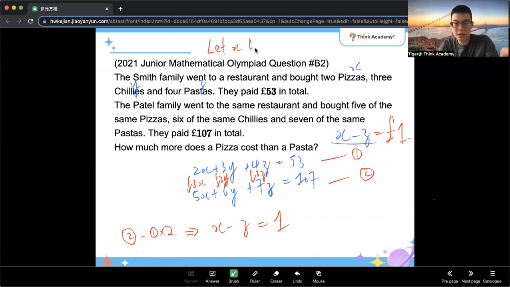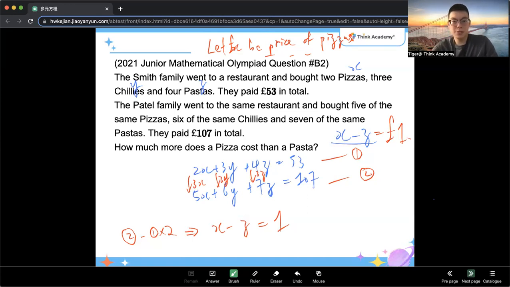So like let X pounds be the price of pizzas, Y pounds be the chilies, and Z pounds be the pastas. Something like that. And then you can list equations and solve it. All right. But then just try to write it more properly than I am in this lesson. Otherwise, you're going to lose some marks there, aren't you?